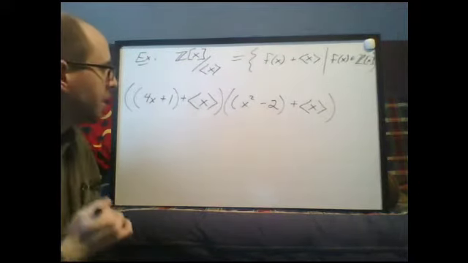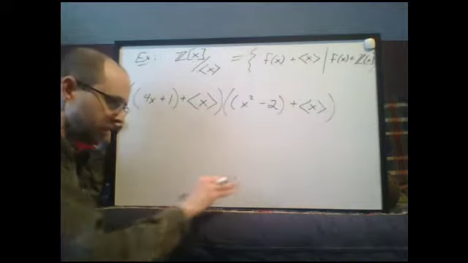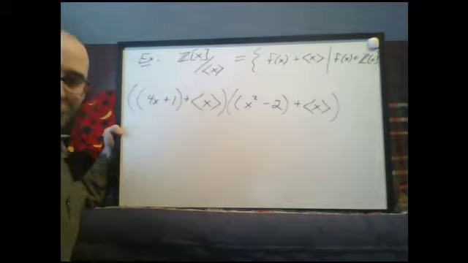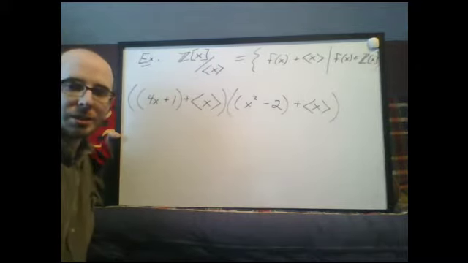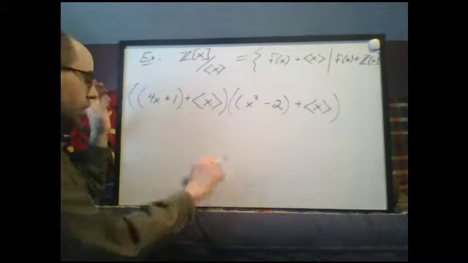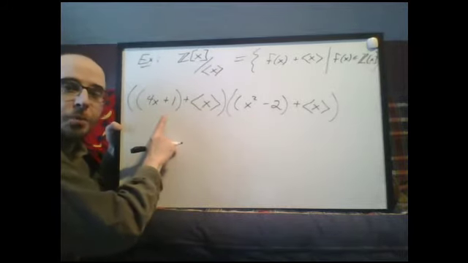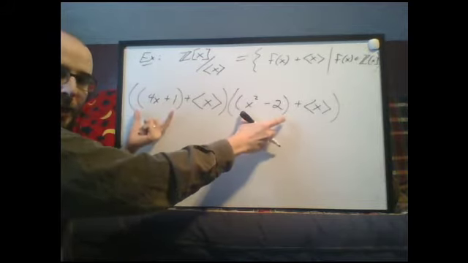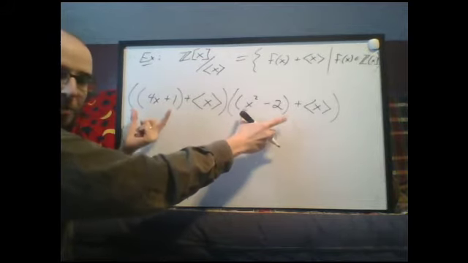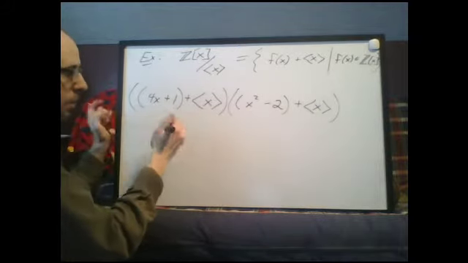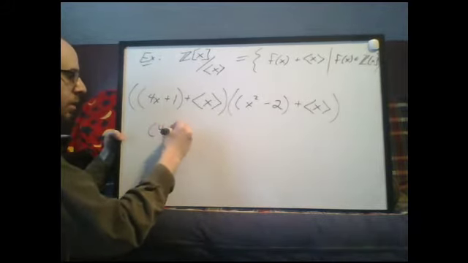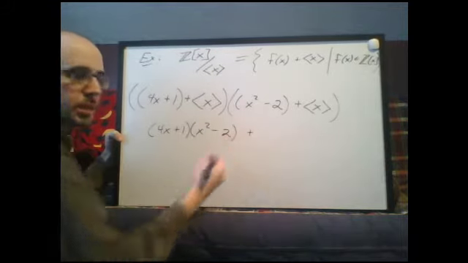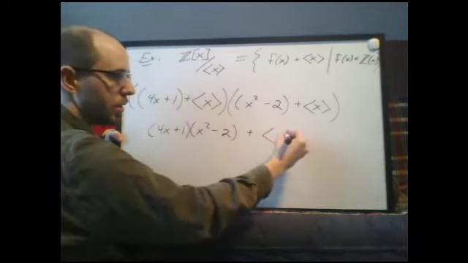Let's do this a tedious way first, then I'll come back and do it a slightly faster way. The definition of multiplying in a factor ring is I take the representatives for each coset, and I multiply them. So I'd have (4x + 1) times (x squared minus 2), and then I just tack on plus the ideal.